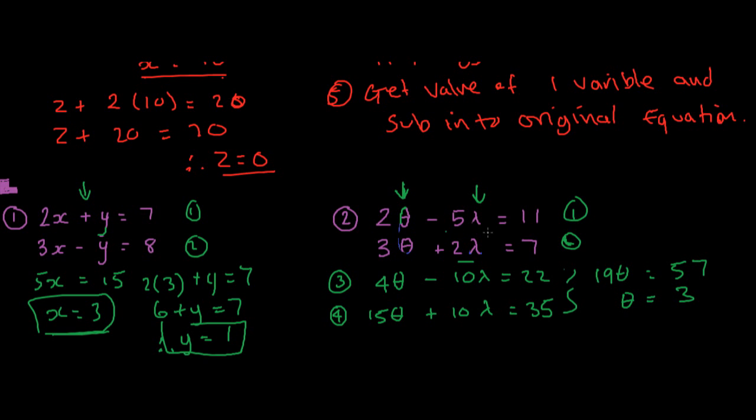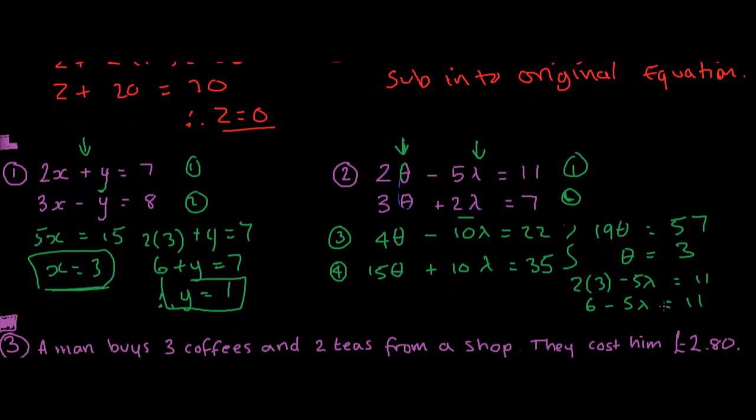Then you sub into here again. So 2 times 3 minus 5 lambda equals 11. So 6 minus 5 lambda equals 11. So 11 minus 6, which is 5, so minus 5 lambda equals 5, so lambda equals minus 1.